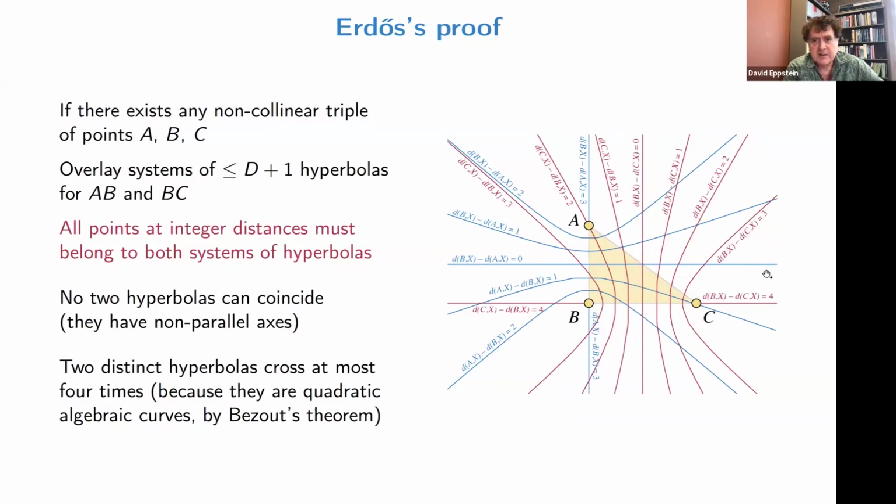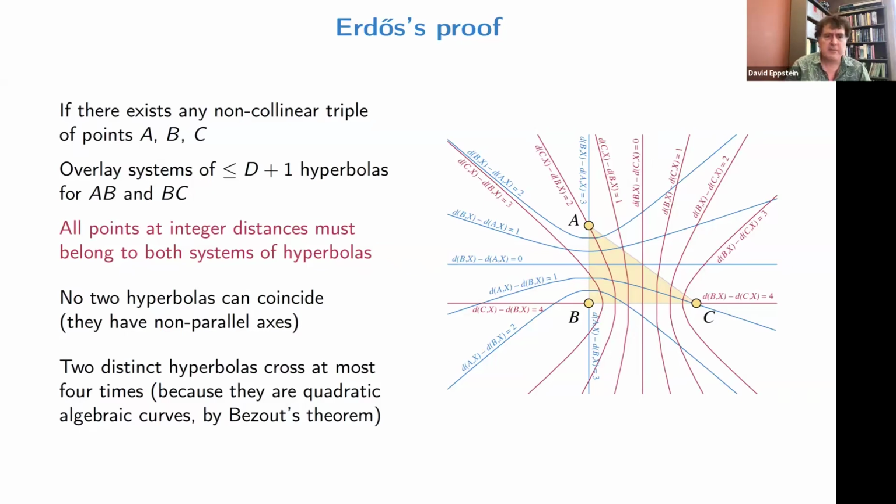So for instance, we do get a line here as another degenerate case of a hyperbola. We get two rays on a parallel line for B and C, but they don't coincide. They're offset from each other. So with a little bit of case analysis that Erdős didn't do, he just said they're distinct, you can see that all of these hyperbolas are distinct.